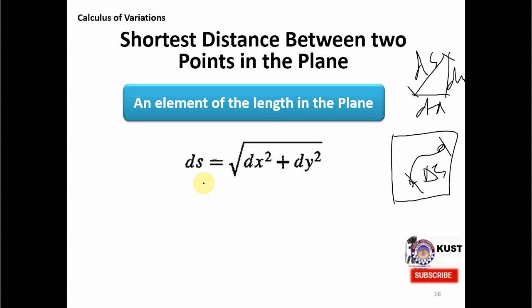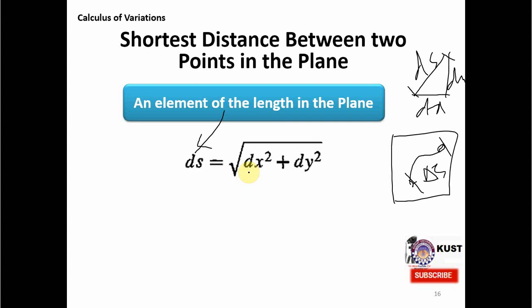This is the element of length in the plane, that is, in Euclidean geometry, equal to the square root of dx square plus dy square. By the way, if you are not in Euclidean geometry, as you will see in the other examples, then you will get the length element differently.